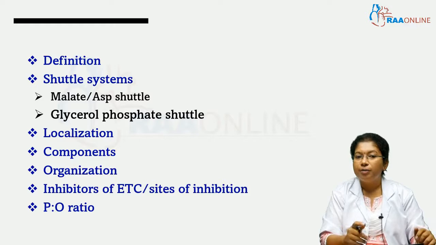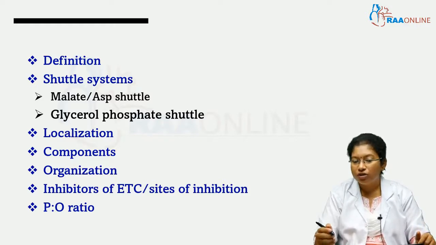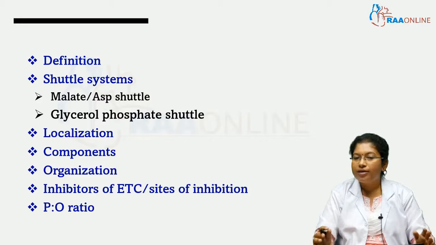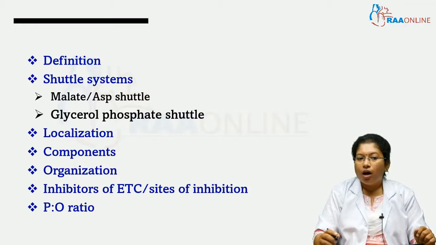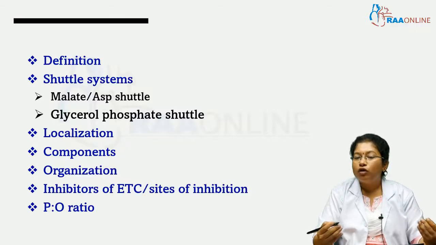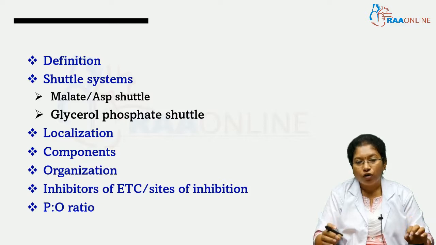Definition: shuttle system, two shuttle system, malate aspartate shuttle, glycerol phosphate shuttle, and where the electron transport chain is located, components of the electron transport chain, organization, how the complexes are organized in the electron transport chain, and at last the inhibitors of ETC.